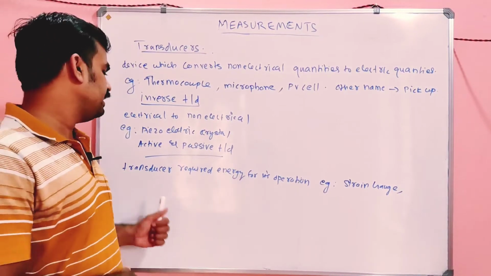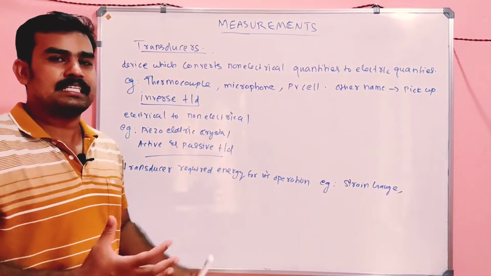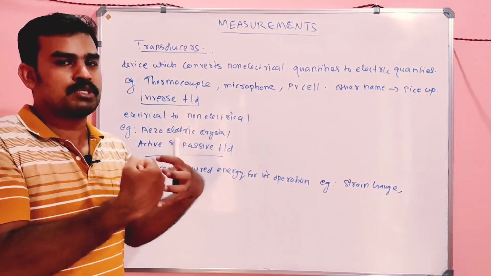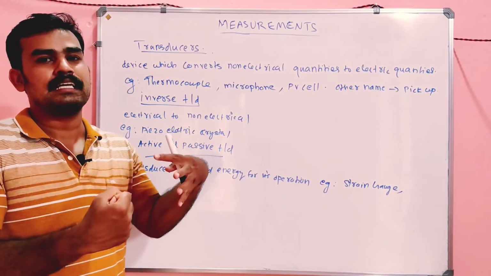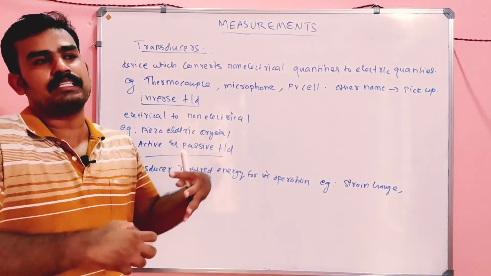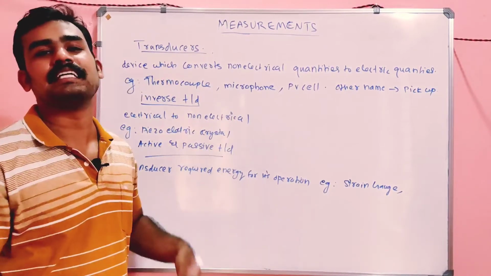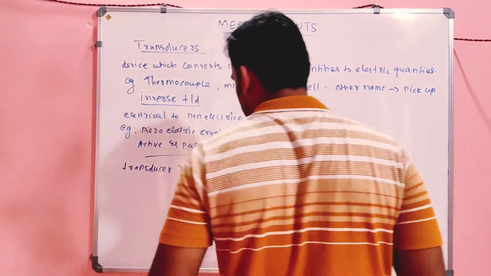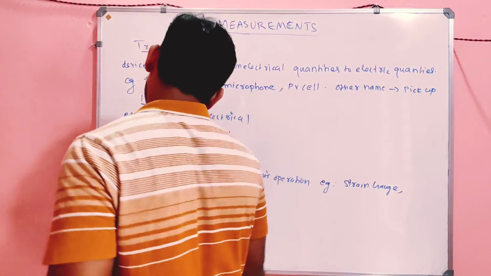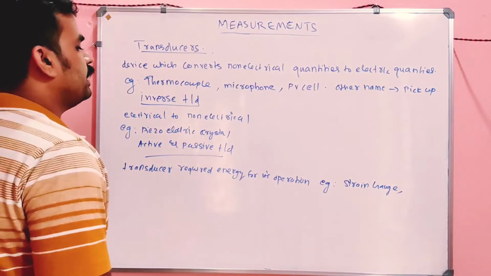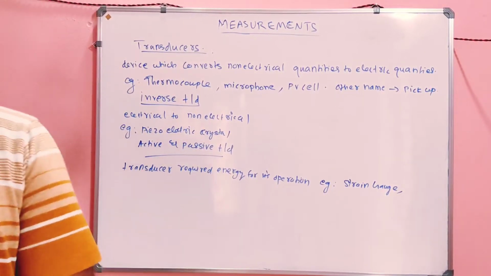So a transducer requires energy, inbuilt energy, for the conversion process or for producing the output. Such a transducer is called an active transducer.